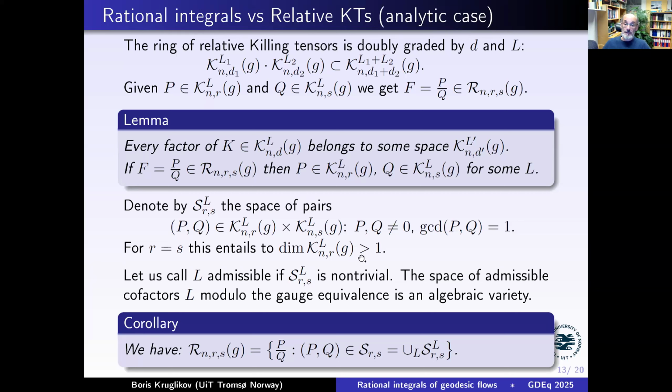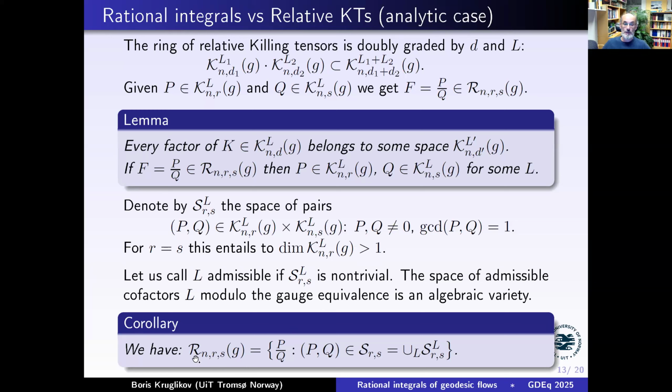And studying the equation, and that's a long process of studying convolution, we can actually say that the cofactor L modulo gauge, this gauge being changing L by an exact form, is actually an algebraic variety, of finite dimension. Okay, so that's a convenient representation.